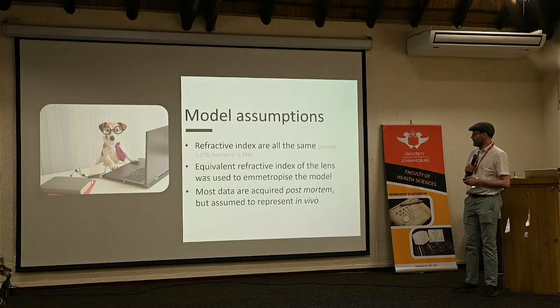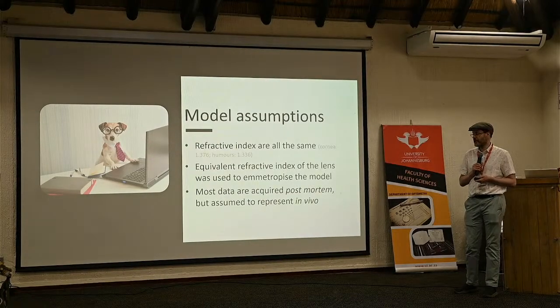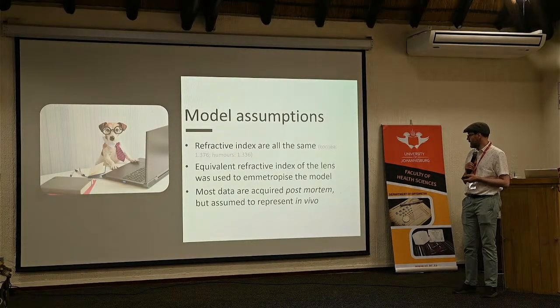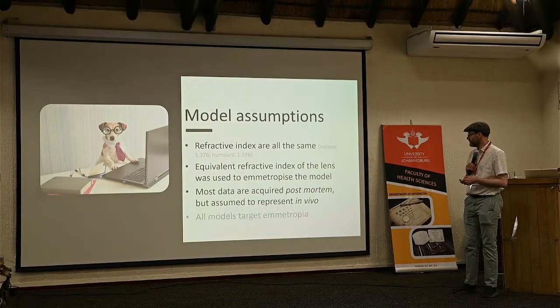A more important limitation is that all this material was post-mortem. You can't really put an IOL Master in front of an elephant or something like that. That's not going to end very well. So I just assumed that these post-mortem data represented in vivo data.